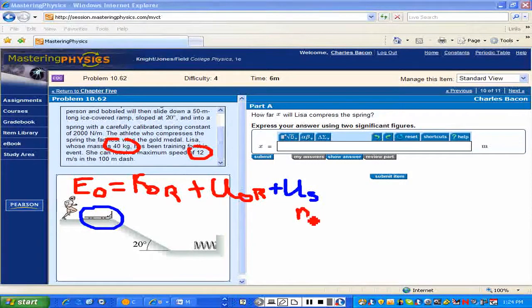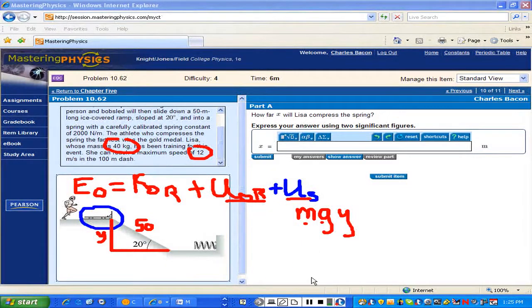So when we calculate mgy, potential energy for the sled and for the runner, we've got their mass, we've got g, and y. Well, y is the height of this triangle, and we know that the hypotenuse of that triangle is 50. So we can determine y for both the runner and the sled. So it looks like we have everything to find the total mechanical energy at the top.